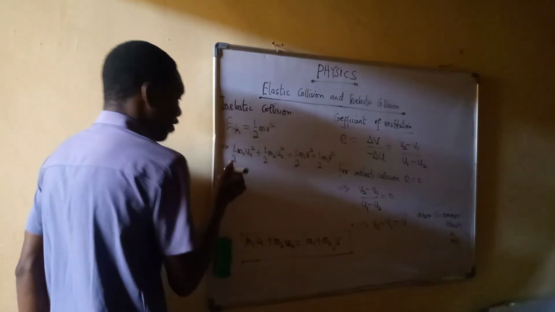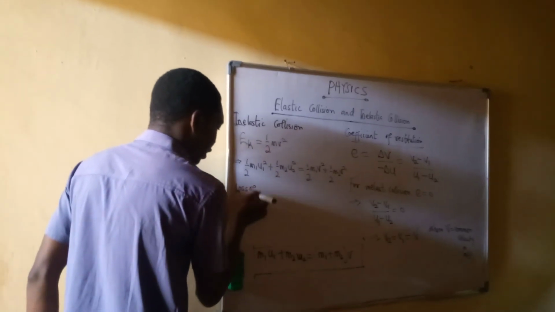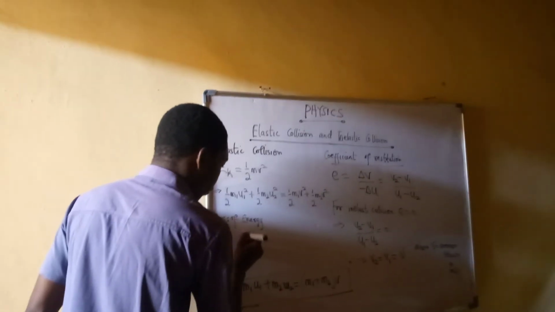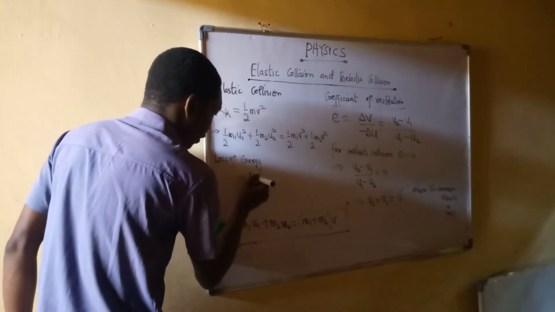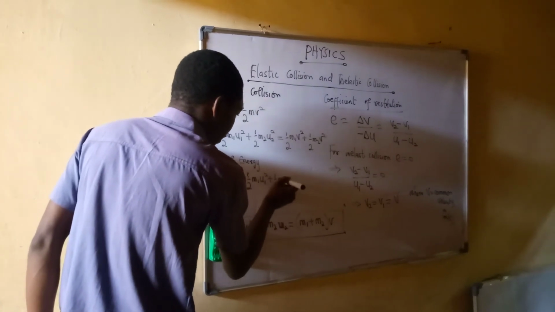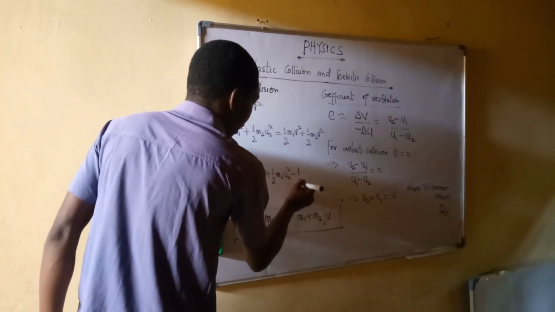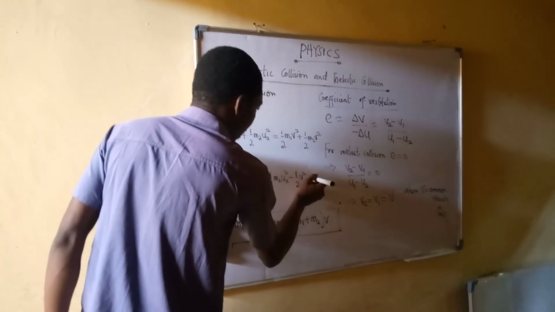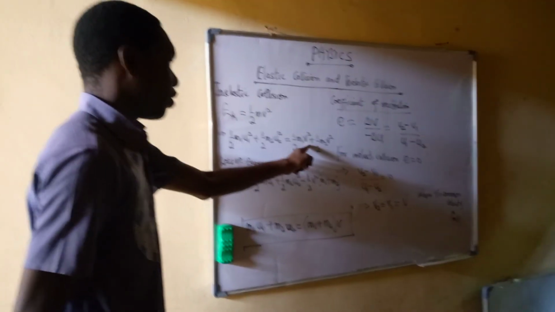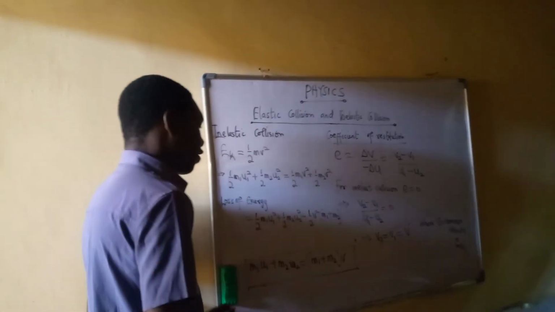Now we can bring this out and we call it loss of energy. So the loss of energy will be equal to half m1 u1 squared plus half m2 u2 squared minus half v squared into m1 plus m2, because v squared is common there, so we can bring it out as loss in kinetic energy.